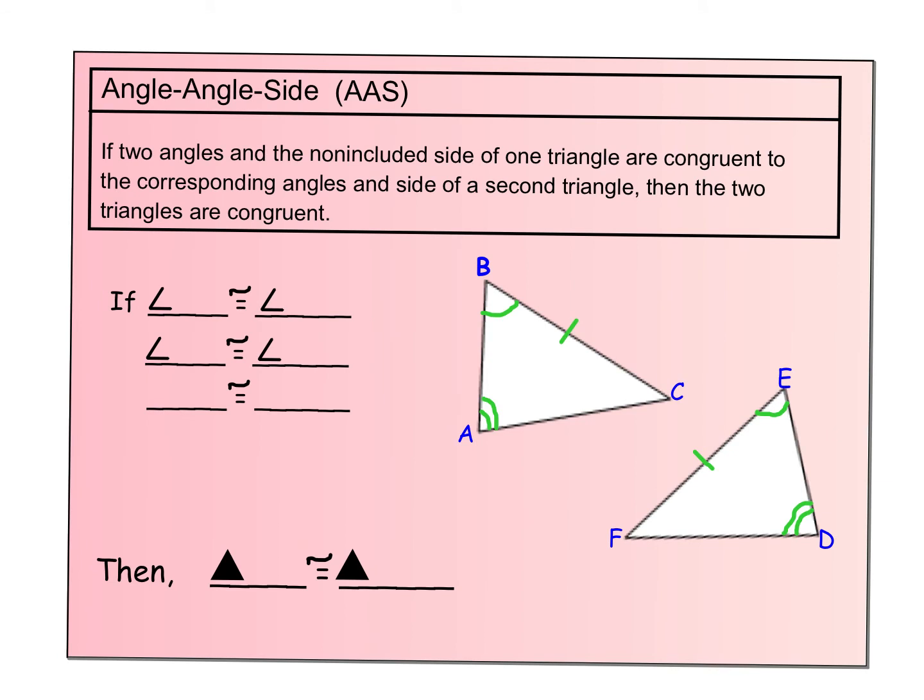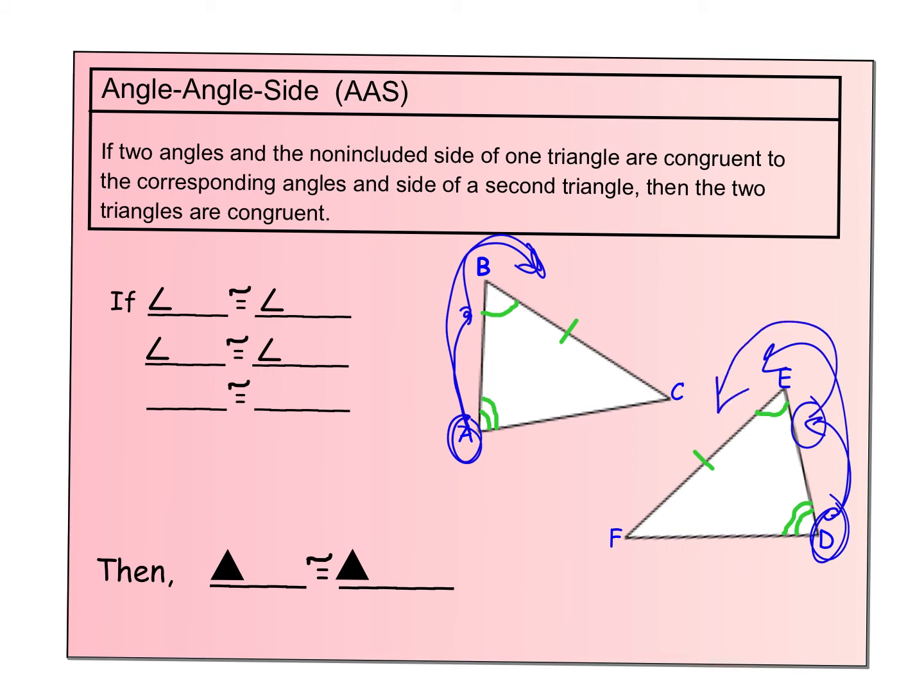Okay, this one is probably one of the tougher ones to notice. And the way I think about it is, as you're going around the triangle, what does it look like? If you're going angle, angle, next side. Angle, angle, next side.